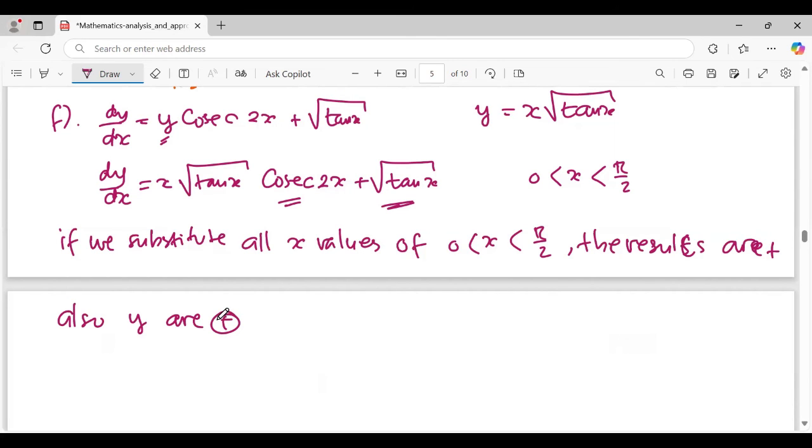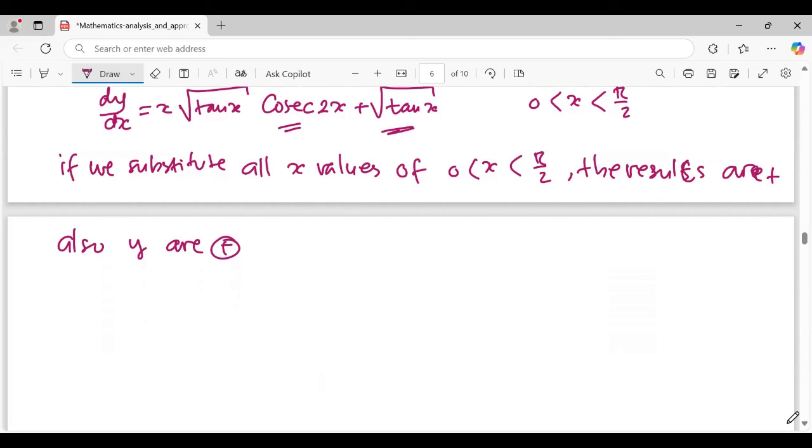Also, we can evaluate through the graph. So if y is positive and x is positive, the gradient of course will be positive.